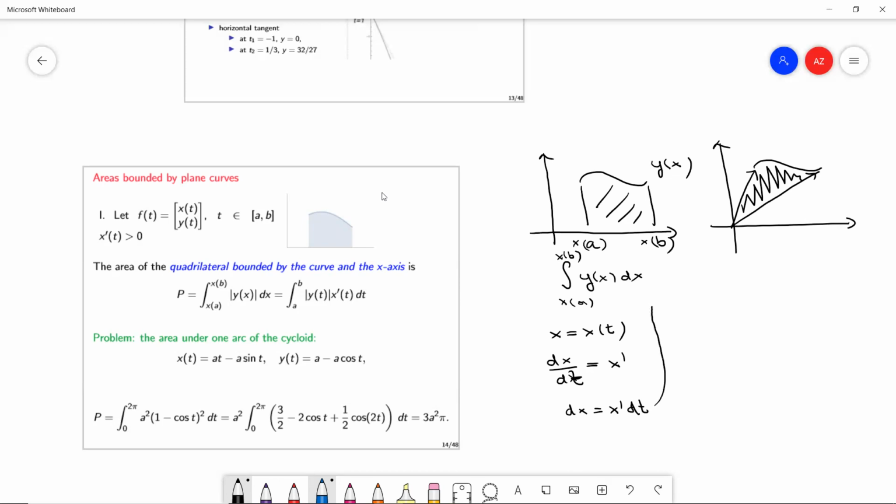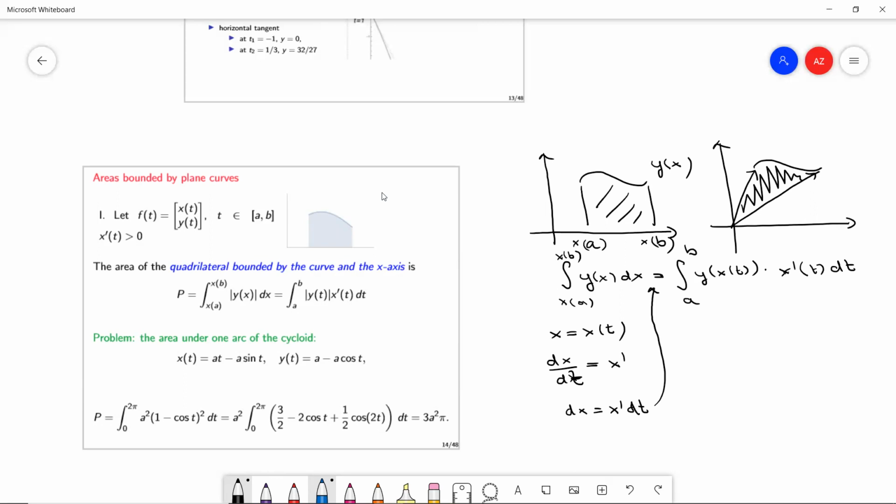So we plug this in, and what we get is the integral of the function y of x of t times x prime of t dt. And the borders of integration: x goes from x of a to x of b, so the lower limit for t is a and the upper limit for t is b. The borders change, so we have a and b.